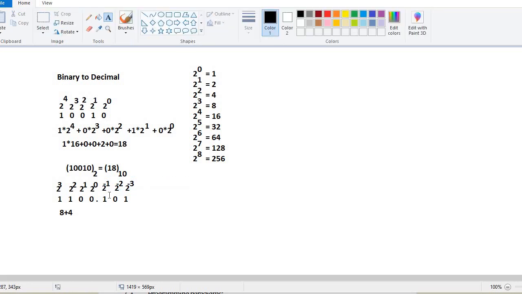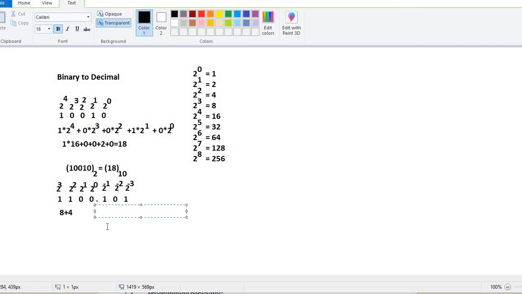So what is 2 to the power minus 1? 2 to the power minus 1 means 1 by 2. Plus 2 to the power minus 2 is 1 by 4. But here I will have 1 into 1 by 2, 0 into 1 by 4 plus 1 into 1 by 8.